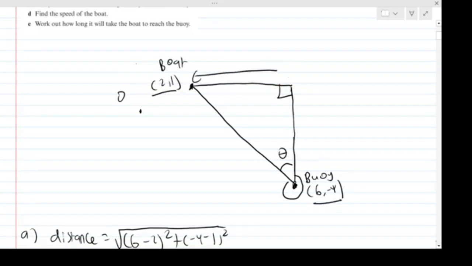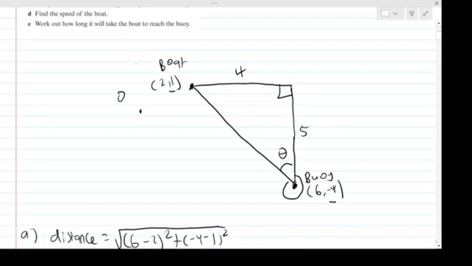For the change in x, this length here in this triangle, that's going to be 6 take away 2, so that length will be 4. Similarly, this length is the change in y: 1 up here for the boat, and y is -4 down here. Overall we've gone down by 5, so that length there is 5.